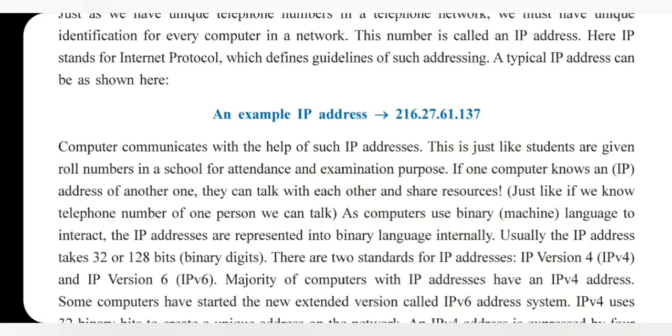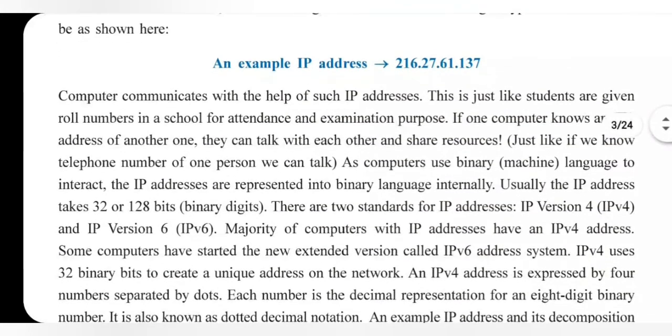The majority of computers have IP version 4, but nowadays a few computers have started using the extended version, IP version 6. IP version 4 uses 32 binary bits to create a unique address on a network, and IP version 6 uses 128 bits.